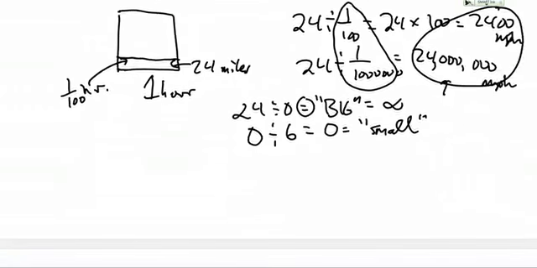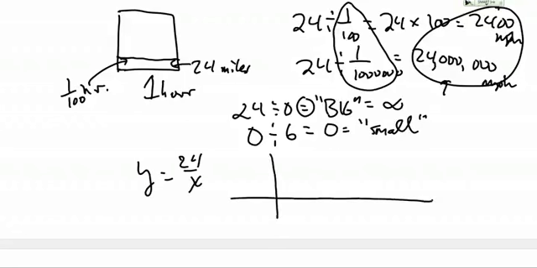Now, a little bit later, and perhaps in a previous course, you looked at this in a function situation when you were looking at y is equal to 24 divided by x, and you're looking at the graph of this as x got very, very small on the x-axis toward 0. And of course, what you saw there was you had a vertical asymptote.